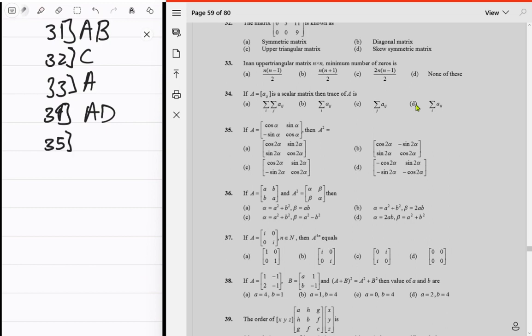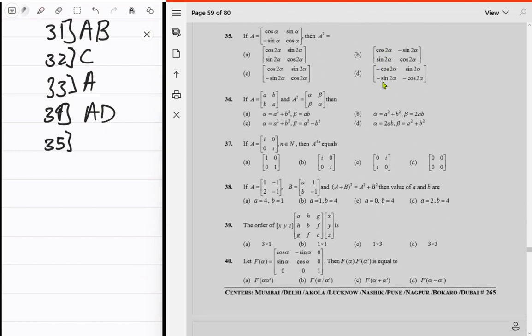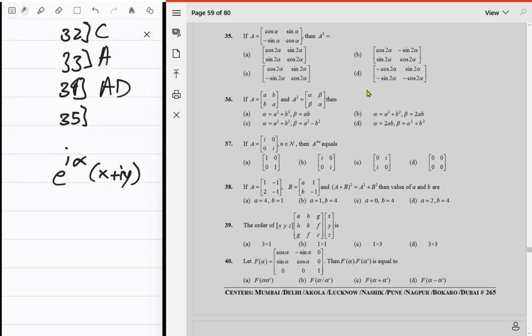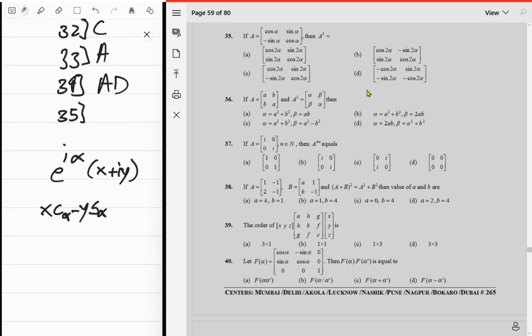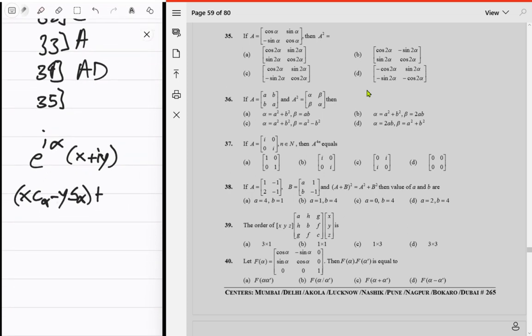35. 35 is if A equal to this thing. Ah, of course, the usual rotation matrix. So, let's just say you apply e power I alpha on something like x plus I y, complex numbers. So you can just get x cosine alpha minus y sine alpha, and plus iota times what?